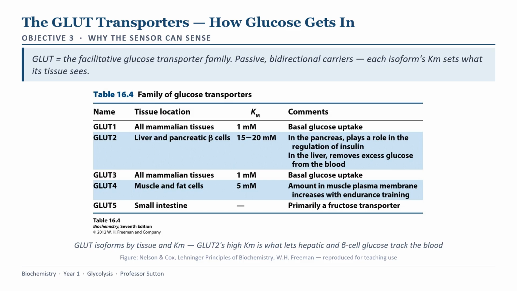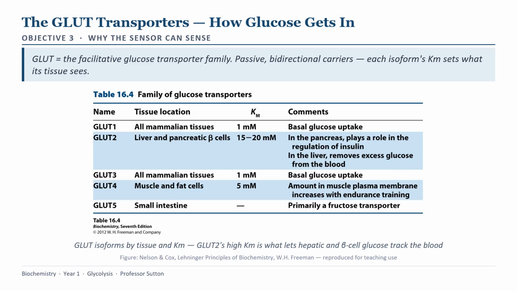GLUT3 is found in neurons, low Km, guaranteed supply of glucose. GLUT4 is found in skeletal muscle and adipose tissue. This is the insulin responsive one. It's stored in vesicles and translocated to the membrane when insulin binds. That is a transporter defect at the heart of insulin resistance.